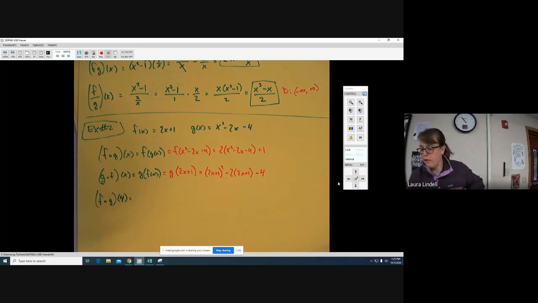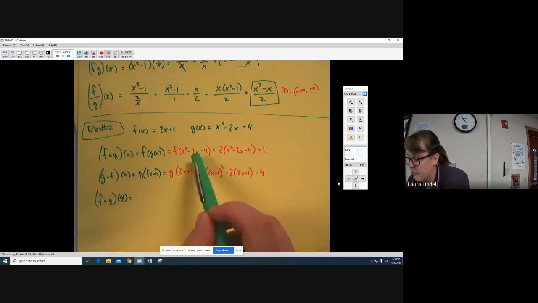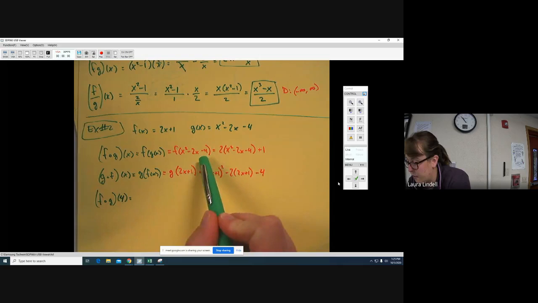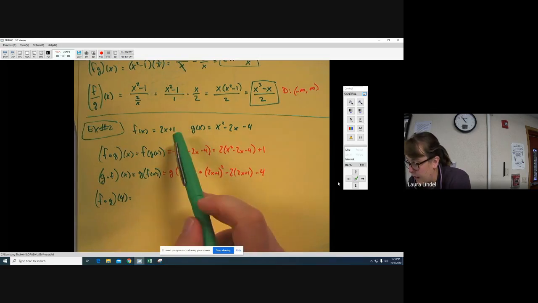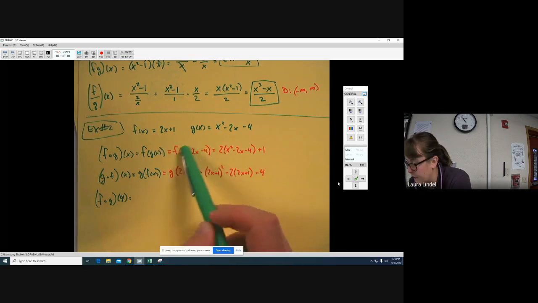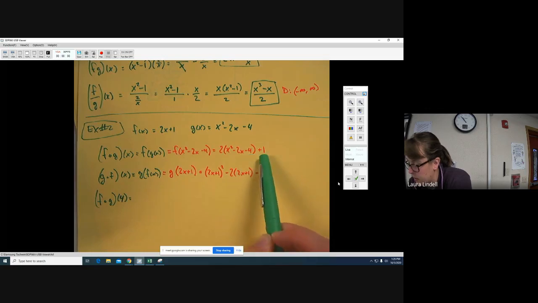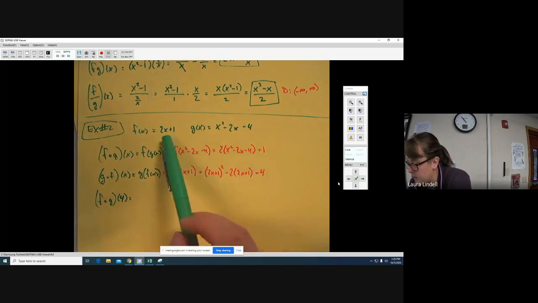So wherever you're at, if you're not quite done or if you're stuck, maybe take a look up here. So what we've got for this one, at first we've got f of the g of x function, which was x squared minus 2x minus 4. So anywhere there's an x in the f of x function, we plug in this whole thing. So we get 2 times x squared minus 2x minus 4, then plus 1 on the outside. So that's in place of x there.